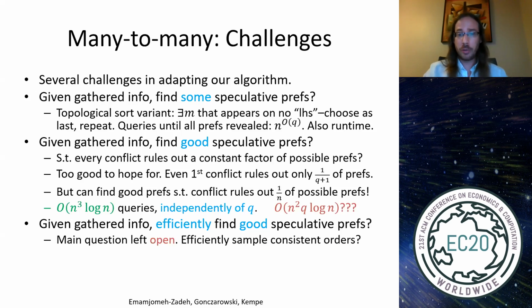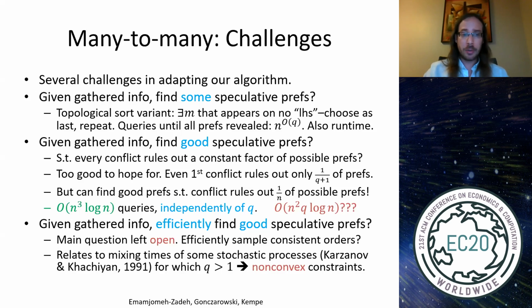In particular, this relates to an open question regarding mixing times of some stochastic processes, notably generalizations of the Karzanov-Khachiyan chain. And there, if you have a quota greater than 1 in our model, it corresponds to what seems like non-convex constraints on that chain. So it's very unclear how to show rapid mixing of that chain.